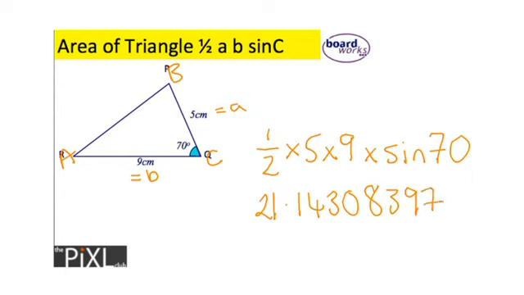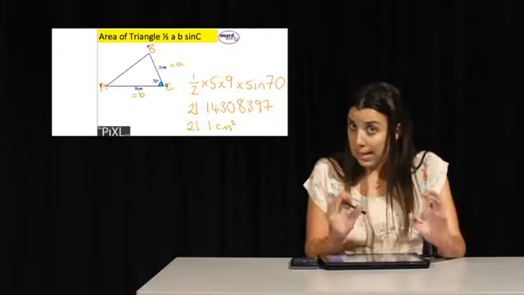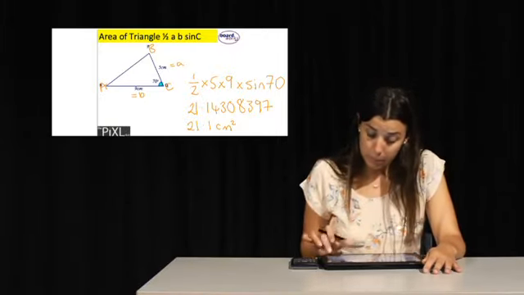Again, rounded to three significant figures, 21.1 centimetres squared, because we're dealing with area. So the key thing is identifying which two sides and where the enclosed angle is, and then substituting in to find the answer.